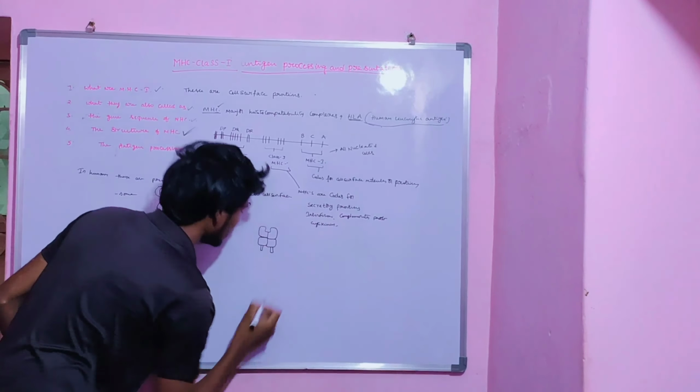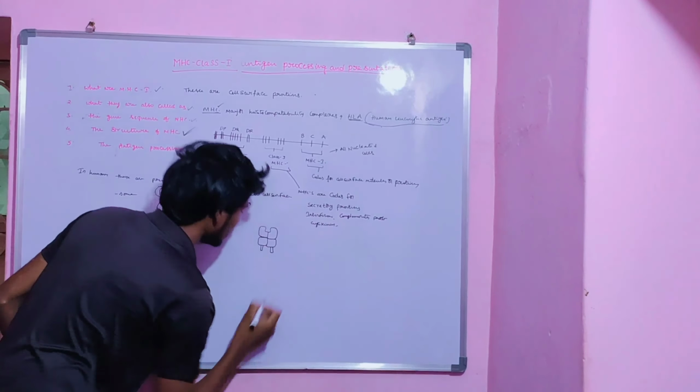When it comes out to the surface of the cell, it has to wait for the crosstalk interactions with other CD8 positive or cytotoxic T cells. Now let me draw.